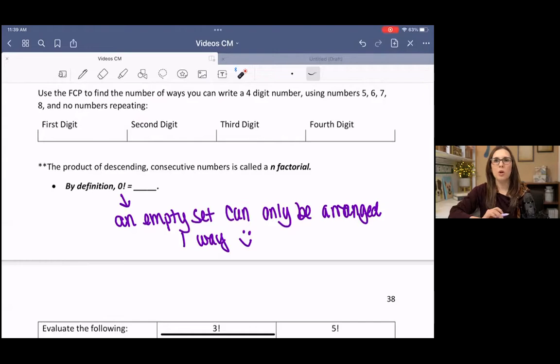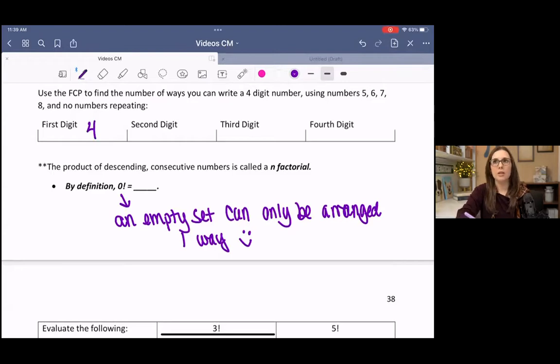So this is going to change the number of options we have in each step. And the easiest way I found to do this is to create a blank for each digit. We know it's a 4-digit number, and we're only using these numbers as our options. So in the first digit, the first part, we only have 4 options.